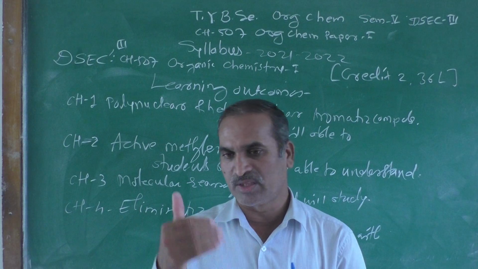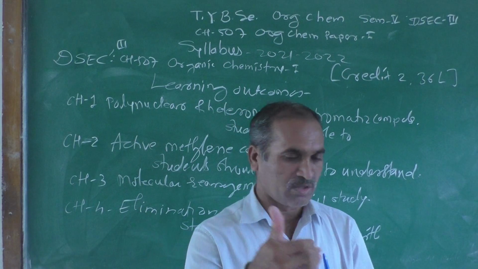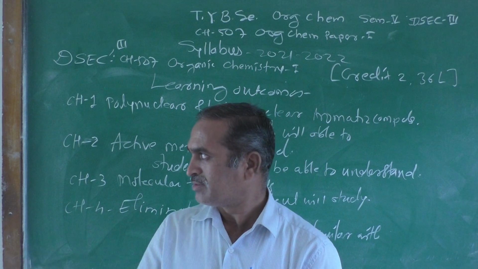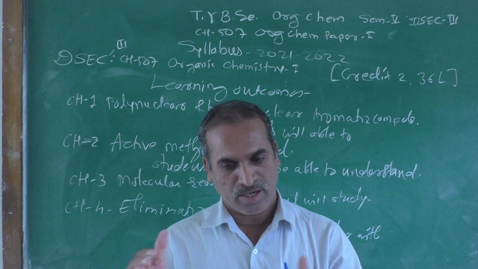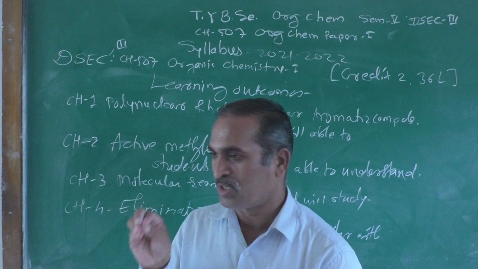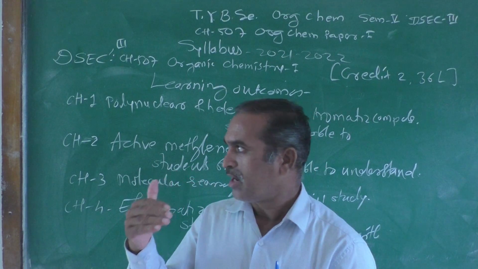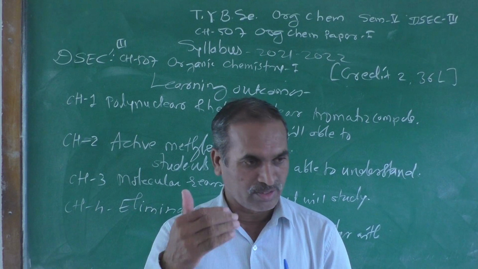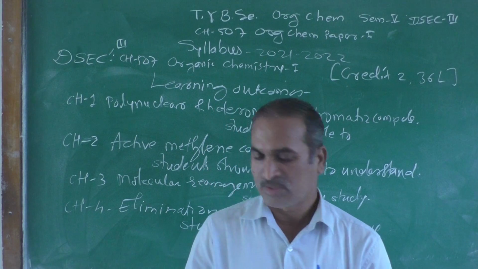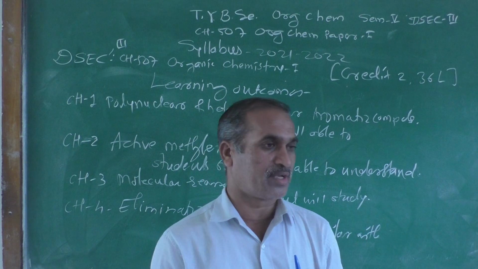We will start with the introduction: what do we mean by polynuclear and heteronuclear aromatic compounds, their classification, and why aromatic compounds readily undergo electrophilic substitution reactions but do not readily undergo addition reactions.